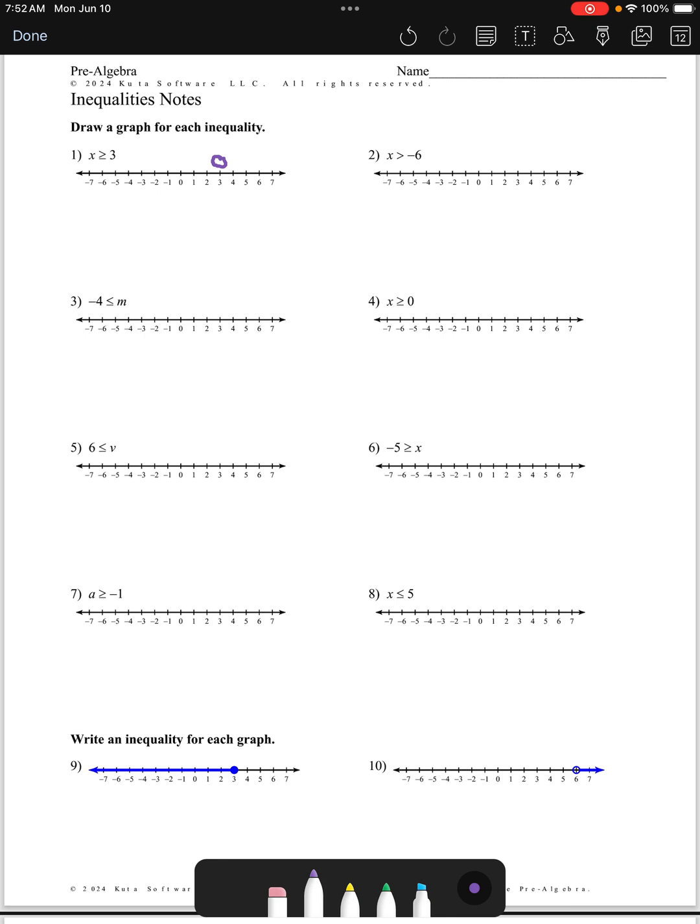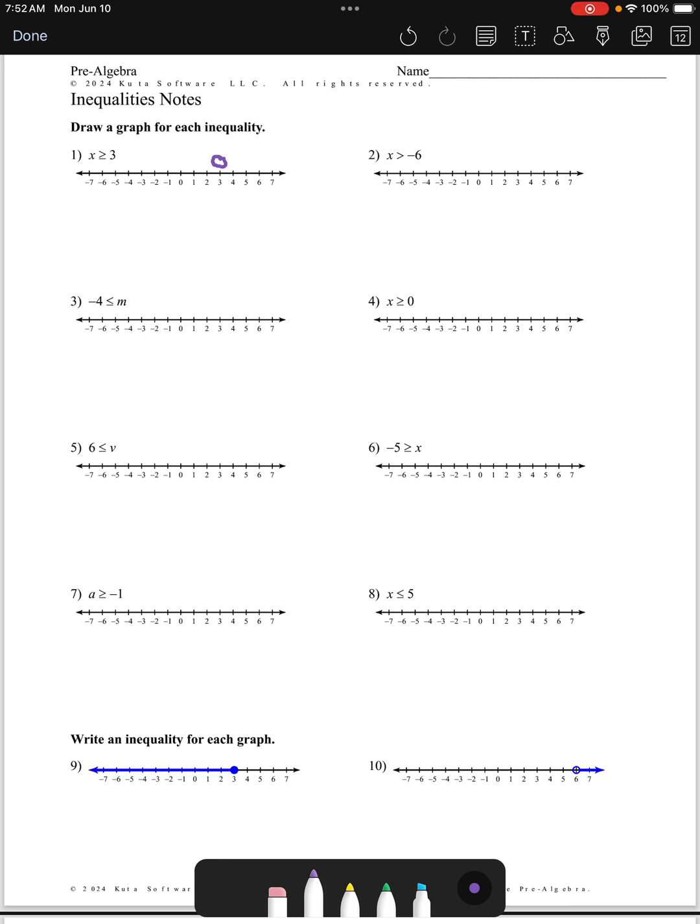In order to show this, we first put a circle where 3 is on the number line. And when we first put this circle down, we put what we call an open circle or an empty circle. The circle is just marking that 3 is the number I'm interested in. Now I have two decisions to make.